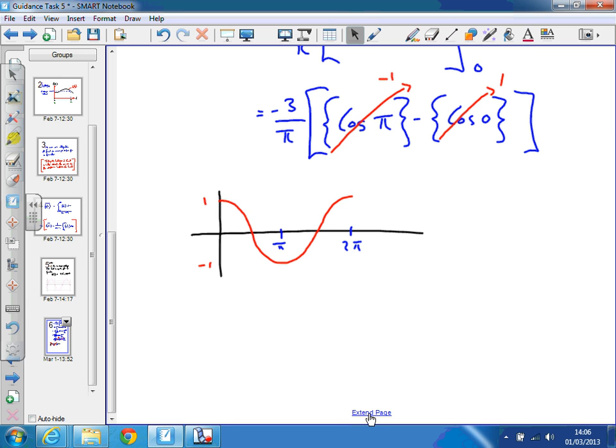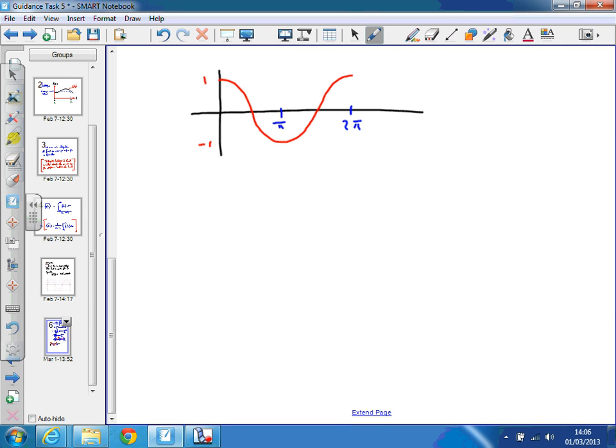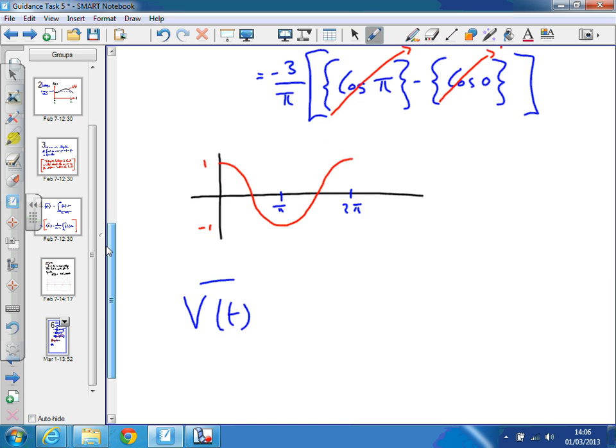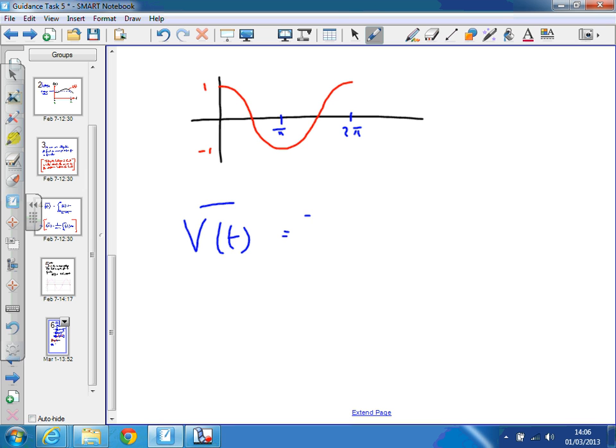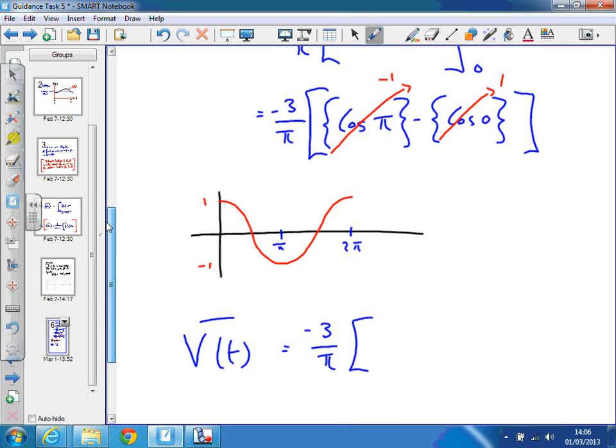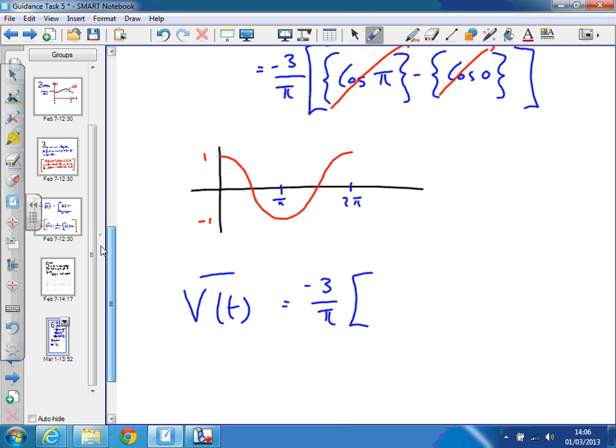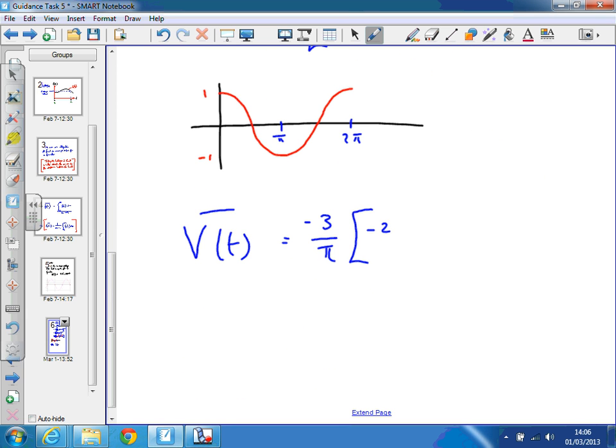So that means that the average value for the function, which is what this is telling us, remember, the average value of the function, voltage, average voltage, equals minus 3 over pi times minus 2, which is 6 over pi.